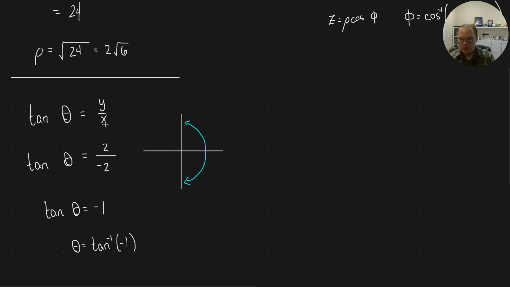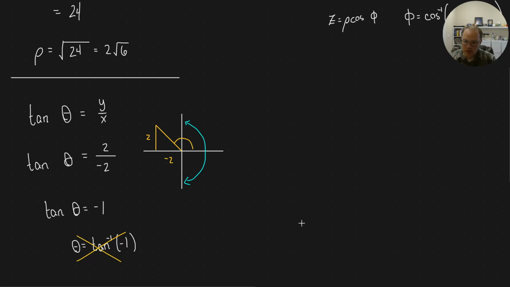But we want an angle where x is negative 2 and y is positive 2. So the angle we want is not in the output range of tangent. So this isn't going to work for us just as is. We're going to need to adjust.